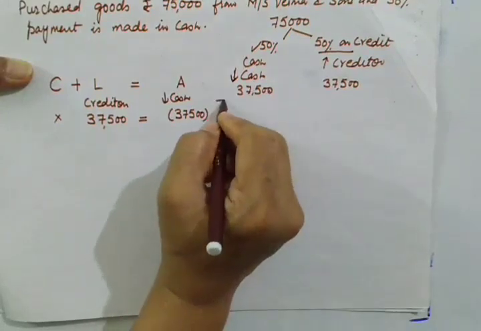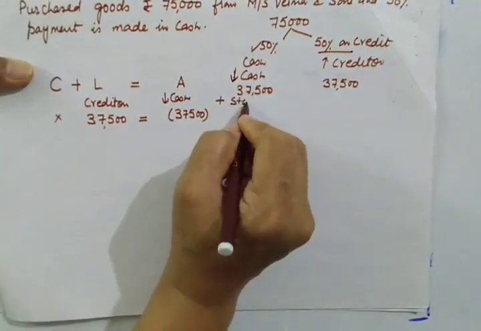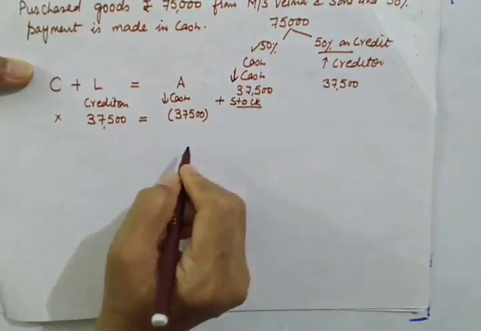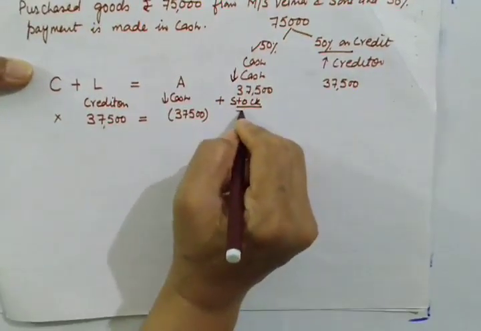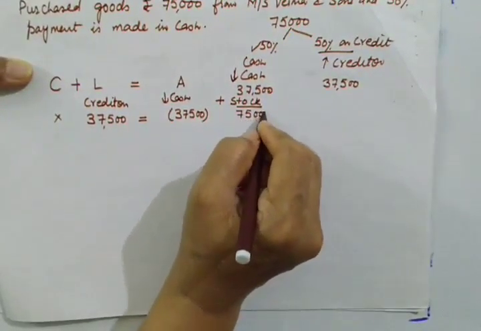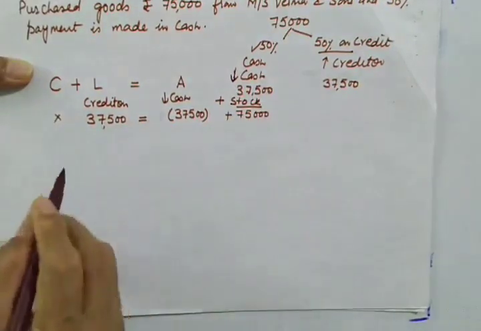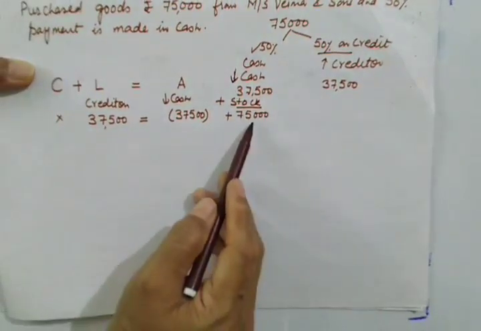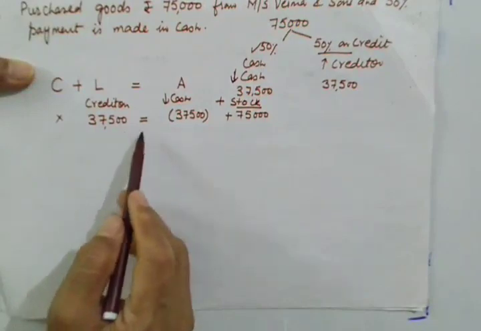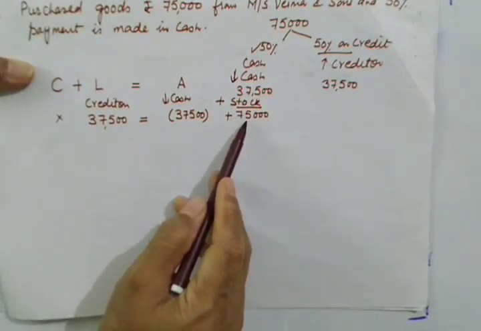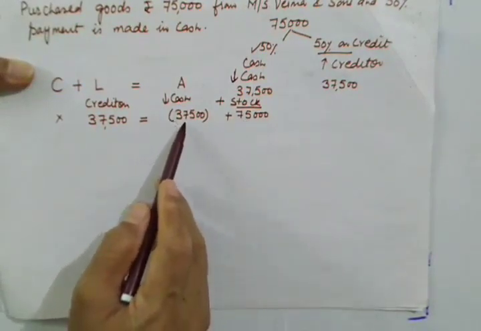And on the other hand, you will have a stock. How much stock will you be having? You have purchased a stock of 75,000, so 75,000 will be added to the stock. Now see the impact of this transaction. 75,000 added and 37,500 less.